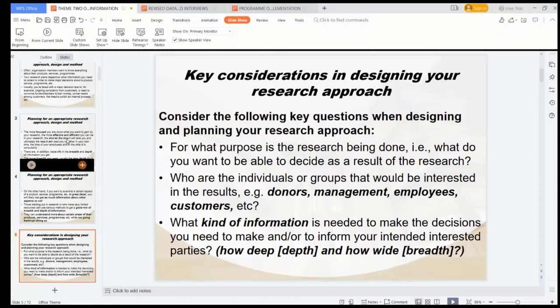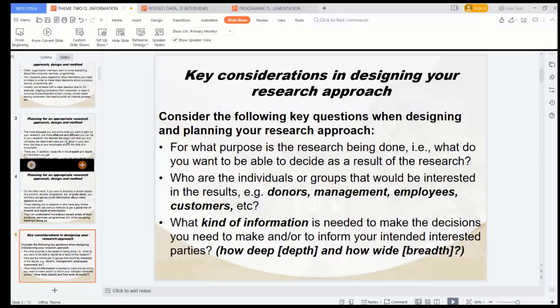If there is a donor or somebody giving you a loan, they want return on investment. If it is you, the management, that is asking one of the employees to undertake research and they fund it, they must also benefit in that it must feed back into their management processes, into their policies, into their strategies. The same applies to customers or to employees. Everybody has got a specific expectation.